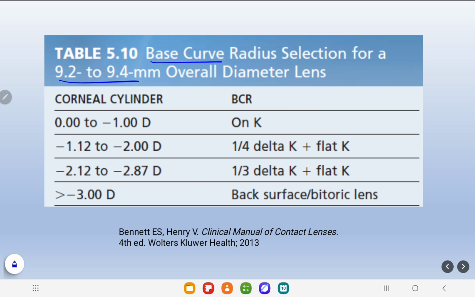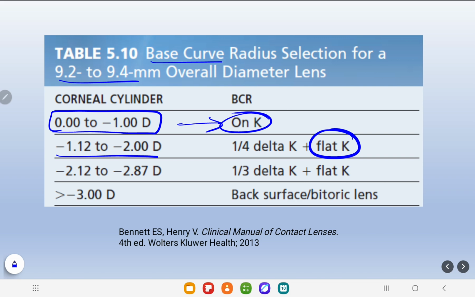If your refractive error does not include astigmatism, especially corneal astigmatism, which is from 0 to 1, then you don't care about it, you fit on K, meaning flat K. But if your corneal astigmatism is from 1 to 2, then you will do flat K plus 1.4 into delta. So that's a better way to think about it.